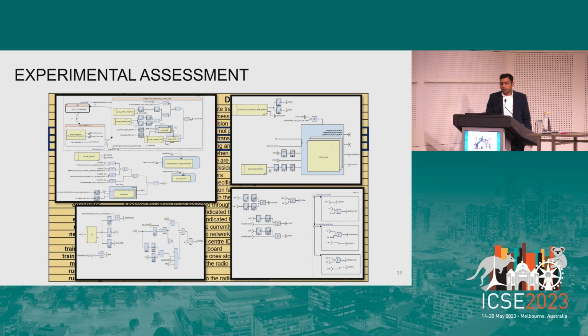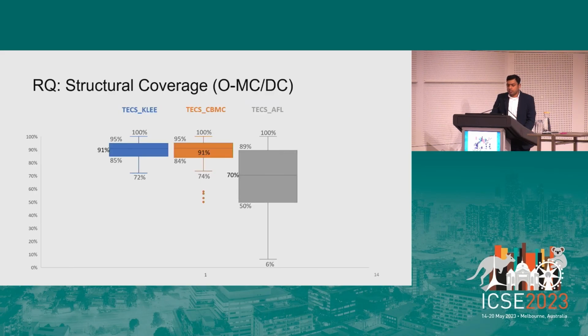So let me show you some interesting results. As per the requirement standards, we measure the observable modified condition decision coverage for 37 subject programs. We calculate the model coverage using the test cases generated by each version of our TEX, with TEX KLEE, TEX CBMC, and TEX AFL.